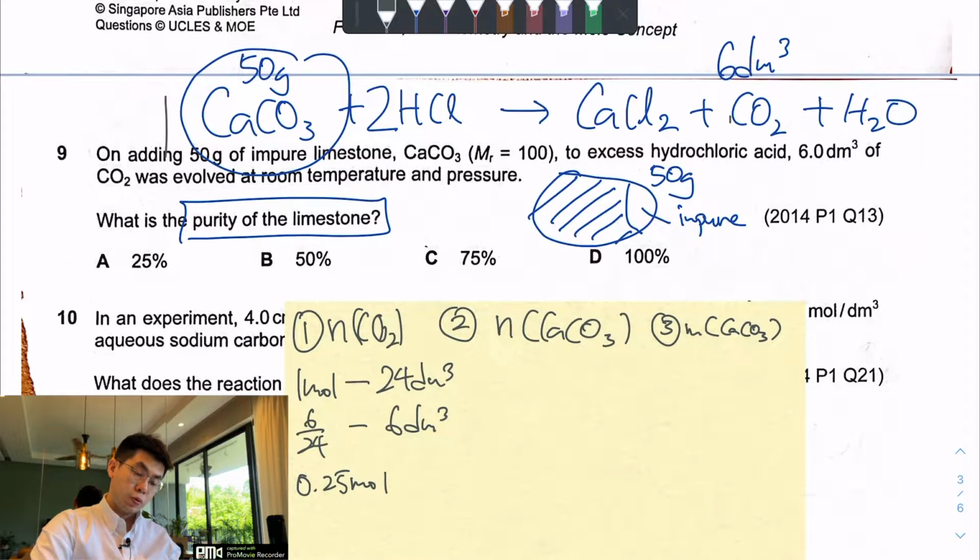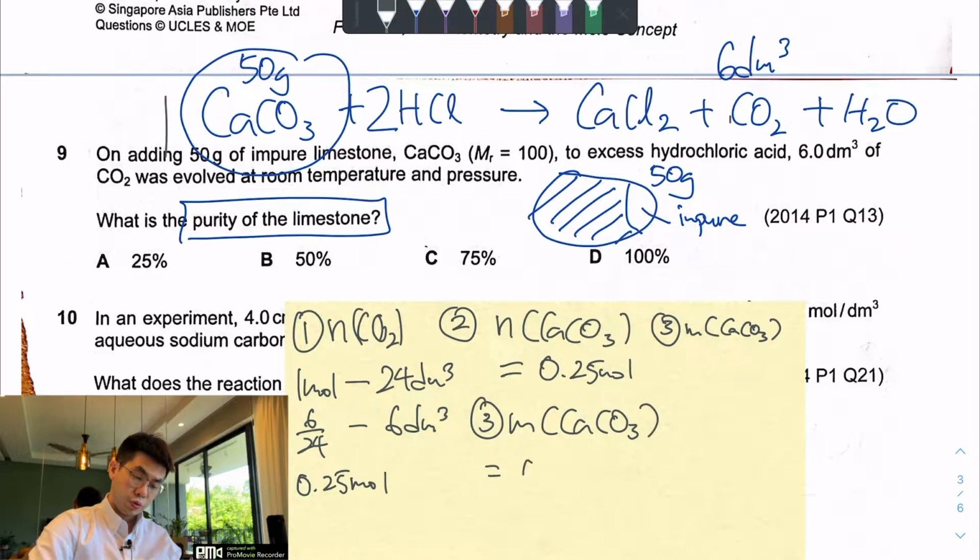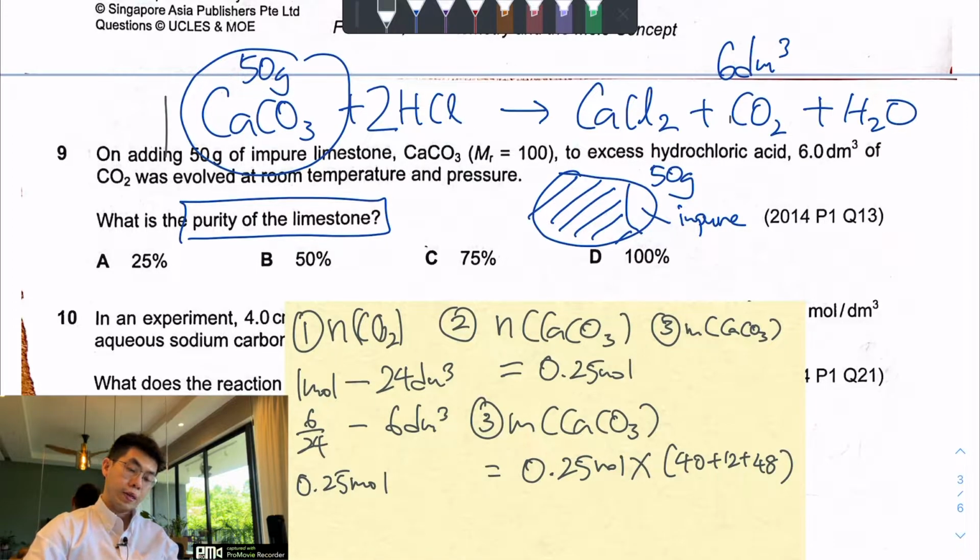So the number of moles of calcium carbonate that reacted is 0.25 mole. Now I can find the mass of calcium carbonate that reacted. So this is step number 3. The mass of calcium carbonate that reacted is equal to 0.25 mole times the Mr, which is 40 plus 12 plus 48, and that will be equivalent to 100. So this is 25 grams of calcium carbonate has reacted.